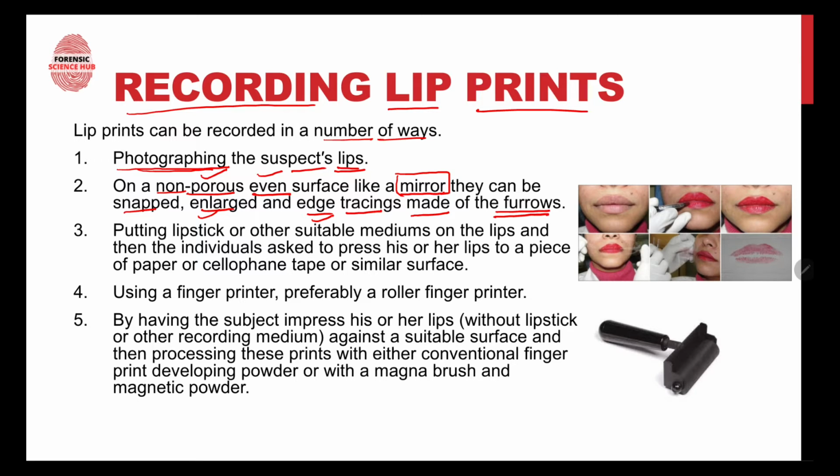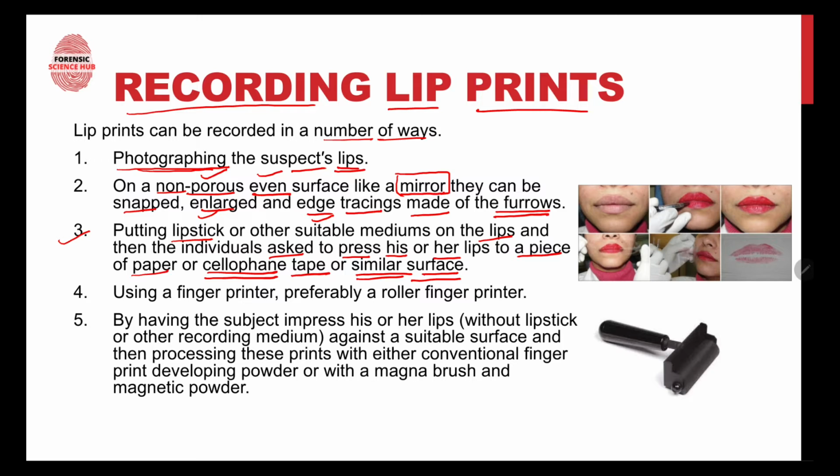Now the most commonly used method is this one. What we do in this is we apply lipstick or any other material that is able to bring out a certain color onto the lips of the suspect, and then the individual is asked to press his or her lips to a piece of paper or to a cellophane tape or to a similar surface.